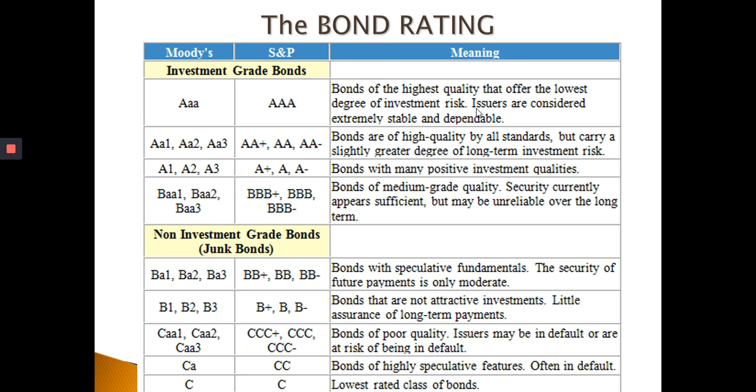Normally we assume governments never go bankrupt. Based on how the government performs, you give the rating, and AAA has the least risk. Therefore, they get the highest grading.